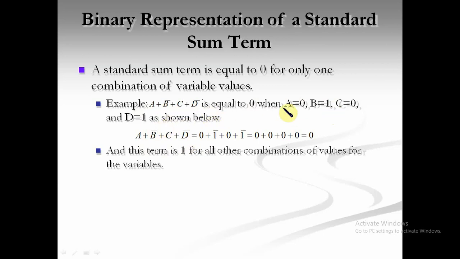In SOP it is the opposite condition: without bar it is 1 and with bar it is 0. Hence for a plus b bar plus c plus d bar, the bits are 0 1 0 1, so all the terms get 0.